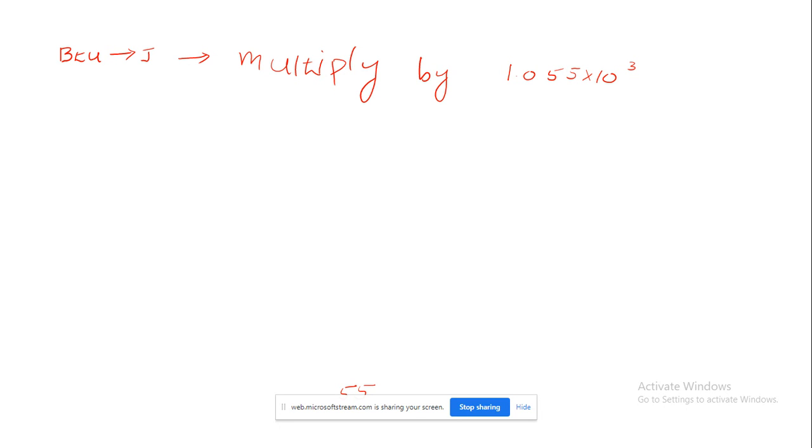In order to convert BTU to joule, you have to multiply by 1.055 into 10 raised to 3. Clear?